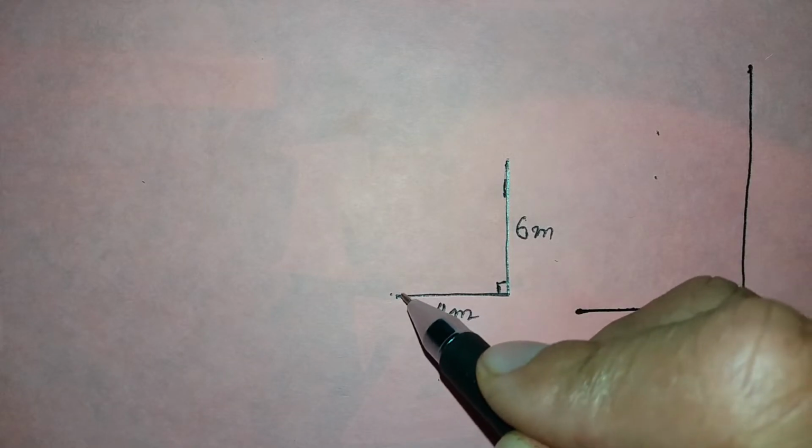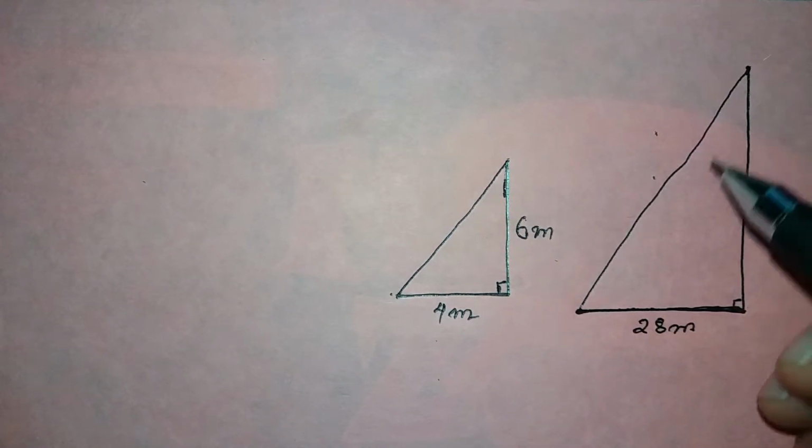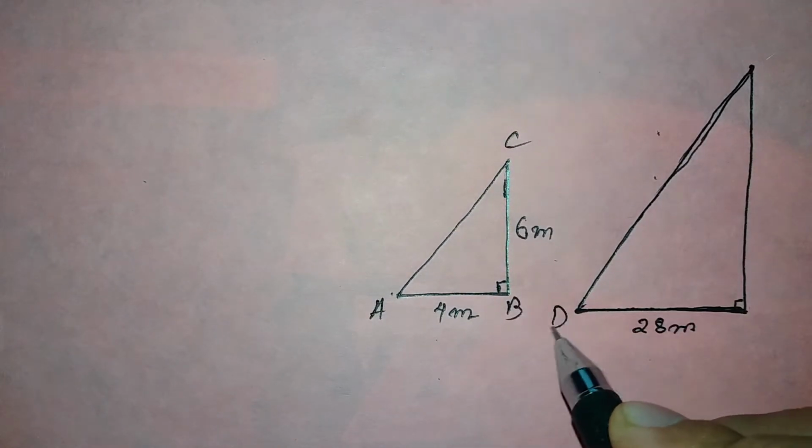So let's complete the triangles here. Let's call one ABC, and this one is DEF.